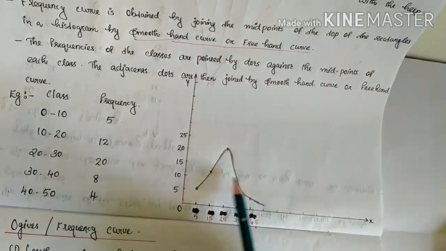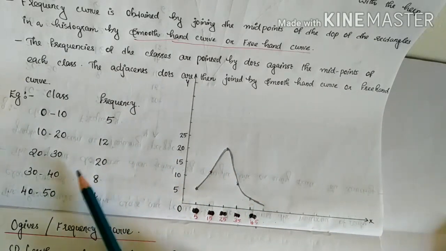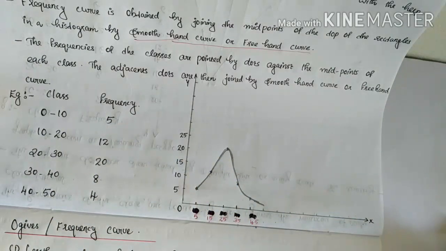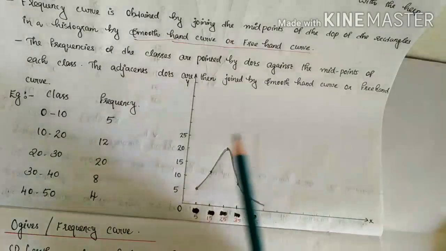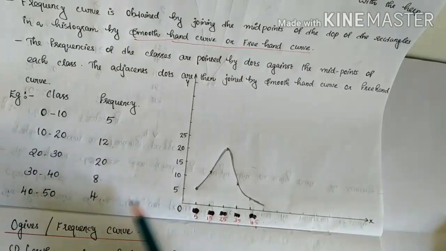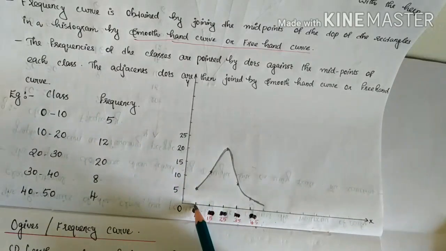So this is the frequency curve. We are drawing this information. So this curve is known as a frequency curve. The main difference between a frequency polygon and a frequency curve is that on the x-axis you take the midpoints of all the classes and the corresponding frequencies are marked at the midpoints.